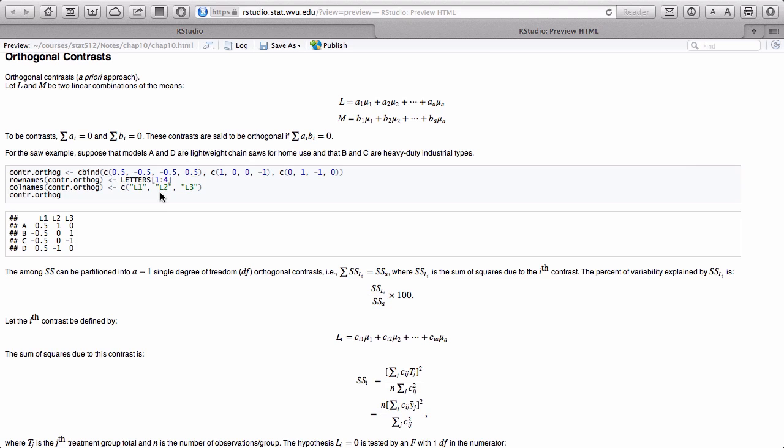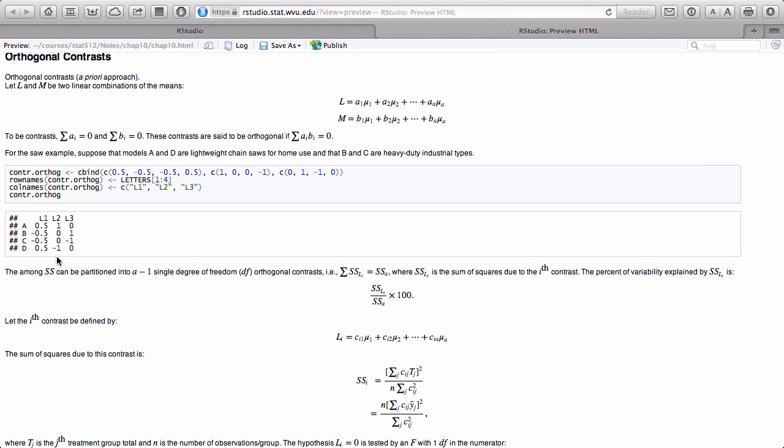Now I also printed them out. Now I claim that those are orthogonal. What was the condition for orthogonality? It was that the sum of the cross products equals 0. So let's take L1 and L2, as I labeled them. If I take the cross products and add them up, is it 0?